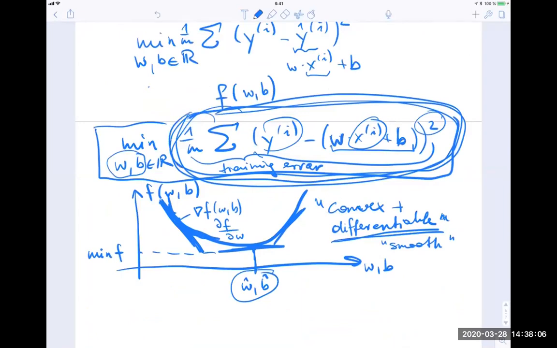Does anyone have an idea how to find these optimal choices for W and B? Does anyone have an idea? I mean, related to this problem.